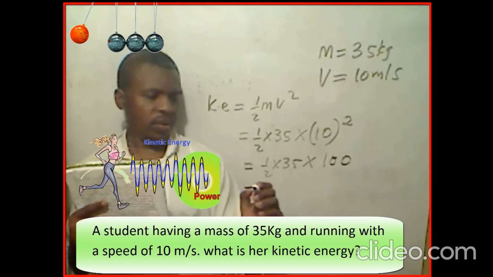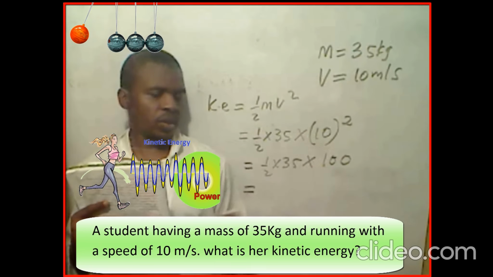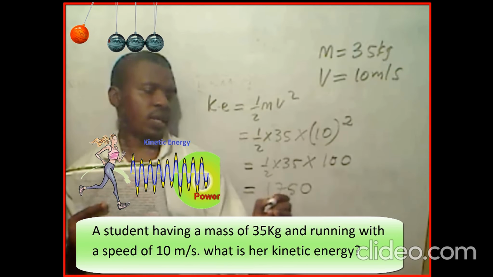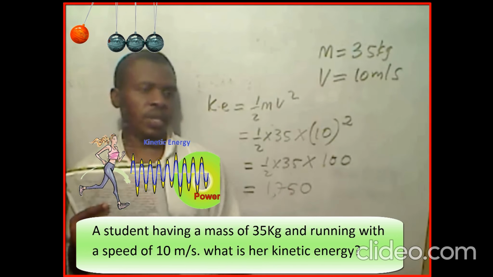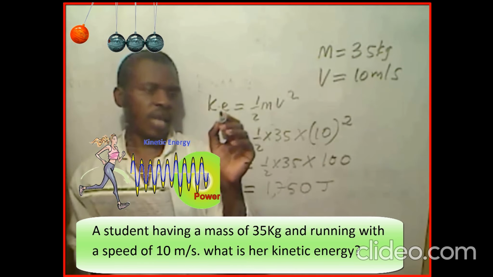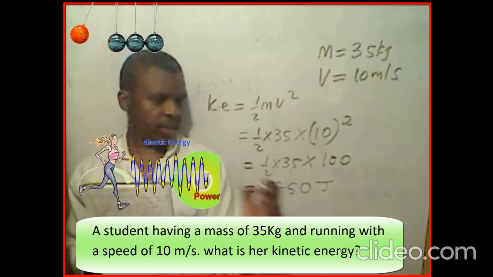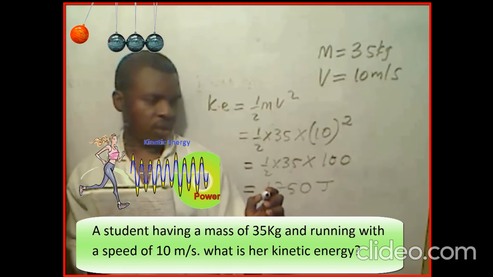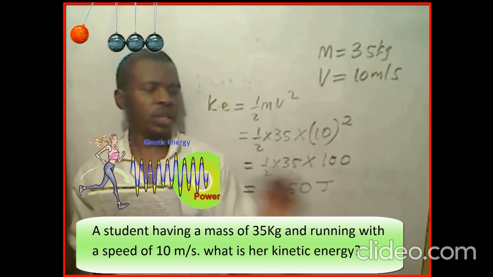This will give us 1750 joules. Kinetic energy is a type of energy, and energy is measured in joules. So our KE will be 1750 joules.